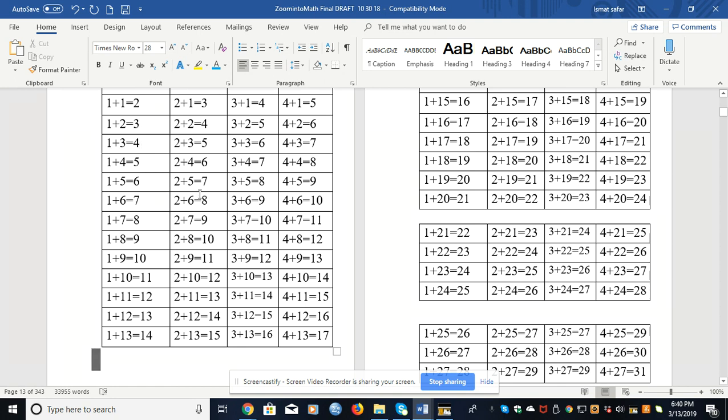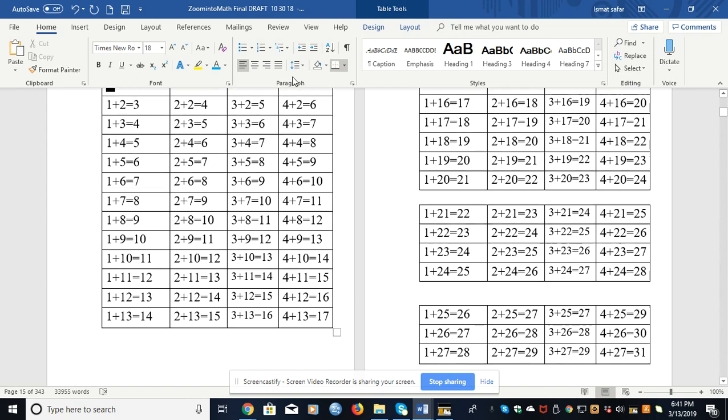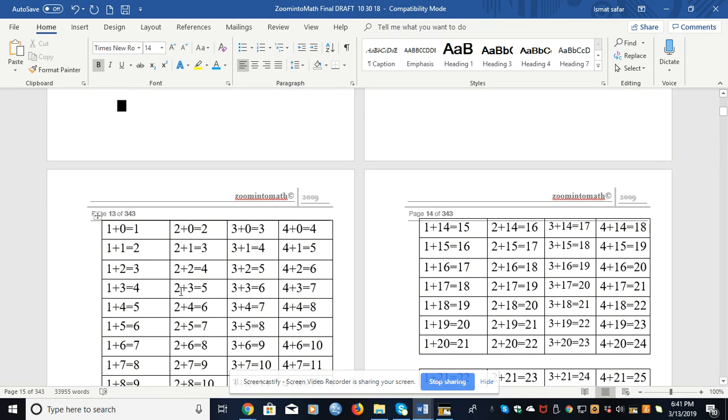You write down what the answers are according to these tables, but without looking at the book. Don't look at the book. Just write down 1 plus 0, and then how much is it? And so on and so forth.